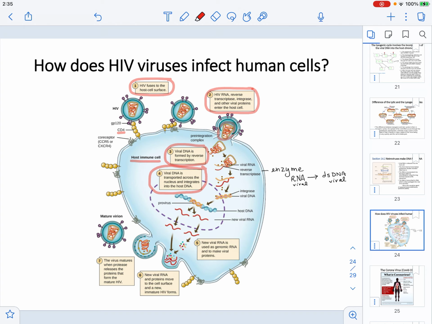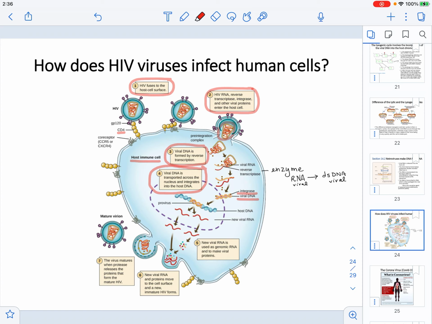As you can see, integrase is specifically the protein that allows that to happen. Once that viral DNA is integrated into the host cell, it is called a provirus molecule. Then that host DNA that contains the viral DNA brought in by the integrase and incorporated into the genome is going to be transcribed and translated.